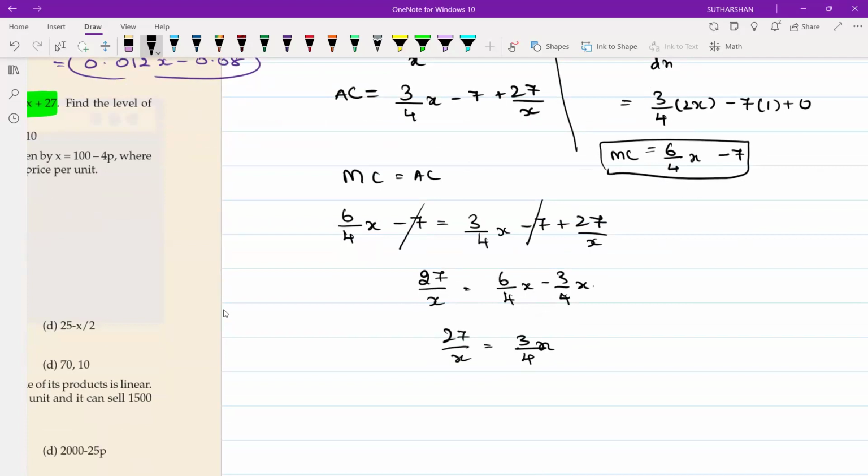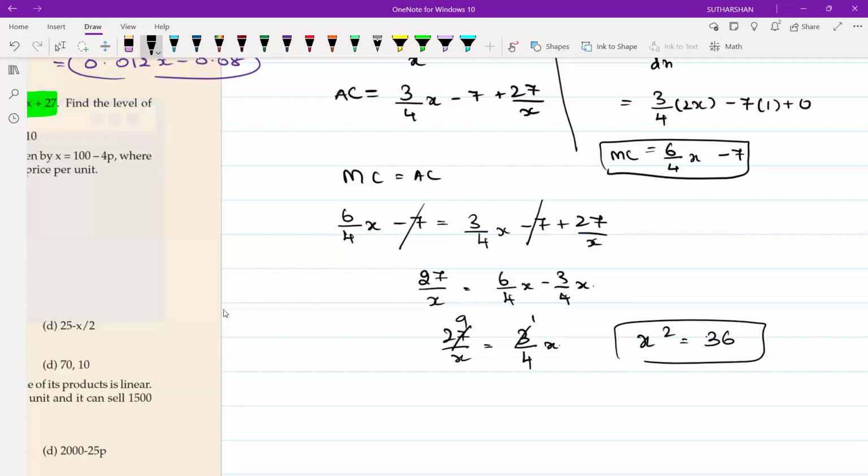So 3 by 4x. If I get 27 and 3, if I directly cancel, it will become 9 and 1. x into x, 9 into 4 will become 36.